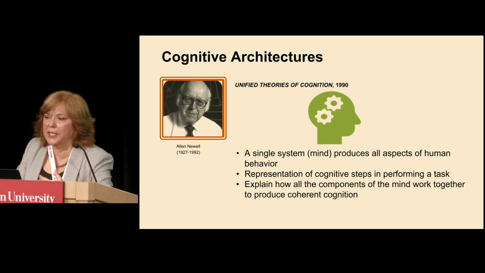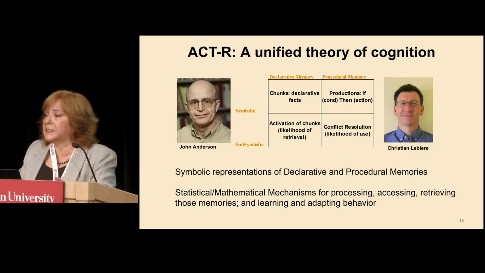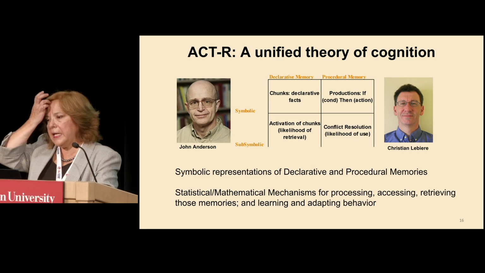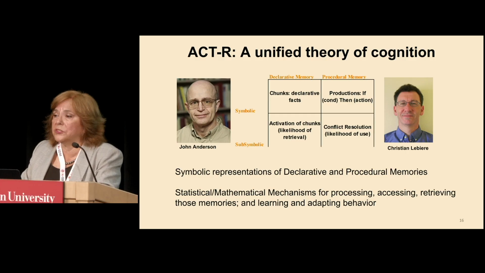He died before he fully realized this idea, but he does have the idea clearly outlined in a series of books. John Anderson, who's here, and Christian Lebiere, my colleague, developed a cognitive architecture that is called ACT-R. And it's a unified theory of cognition that allows to represent from perception to action, decision-making, learning, several of the cognitive functions that humans perform.